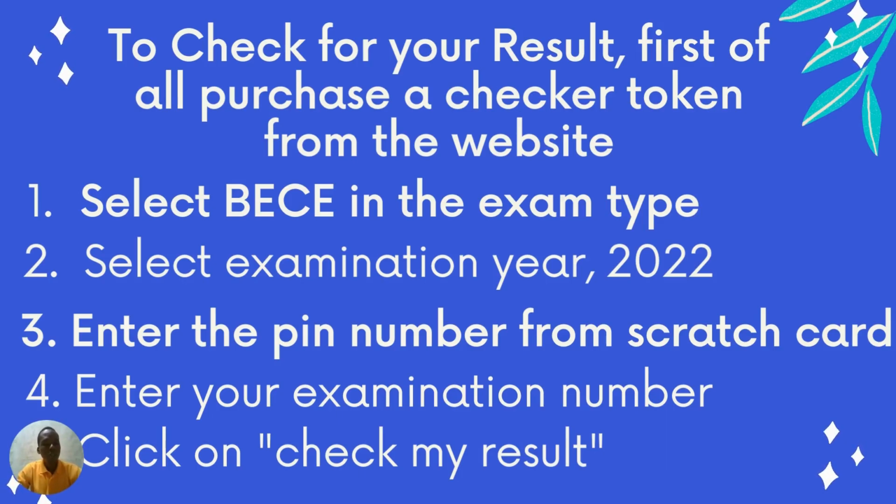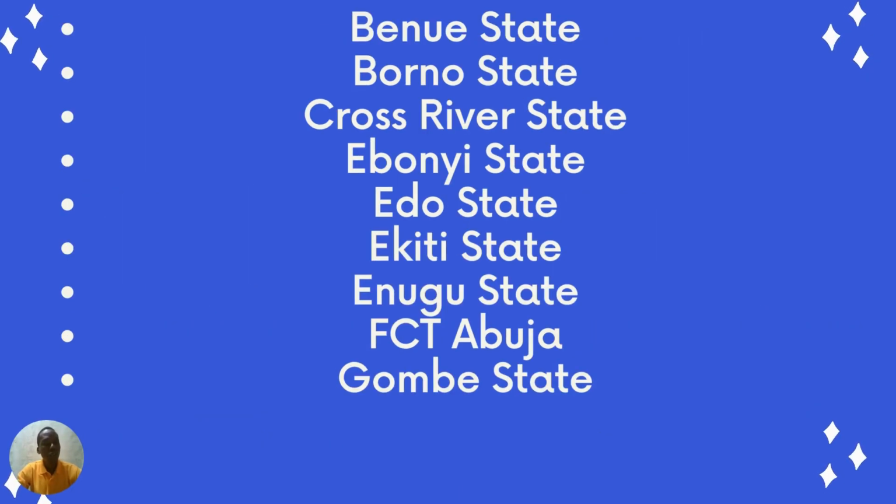Now, for those who take these exams in state, you will be required to go to the website of the state where you took the examination. These are the states that have already prepared websites for results checking.